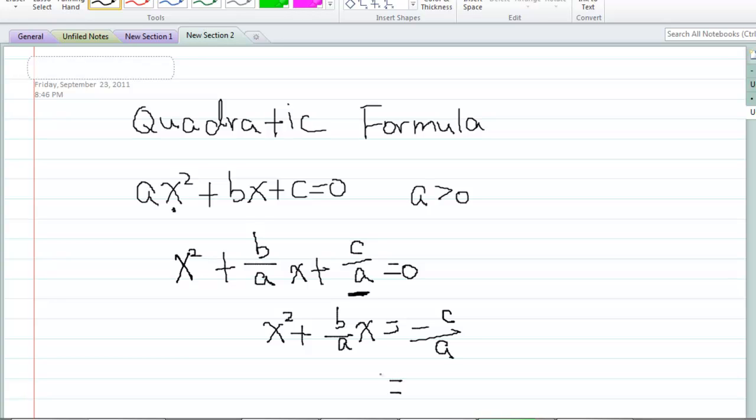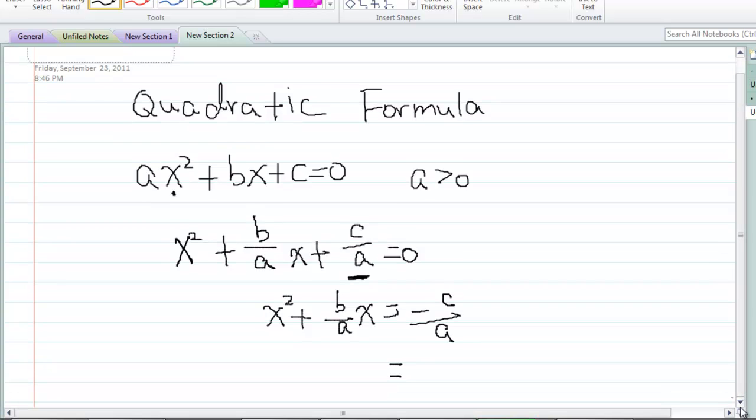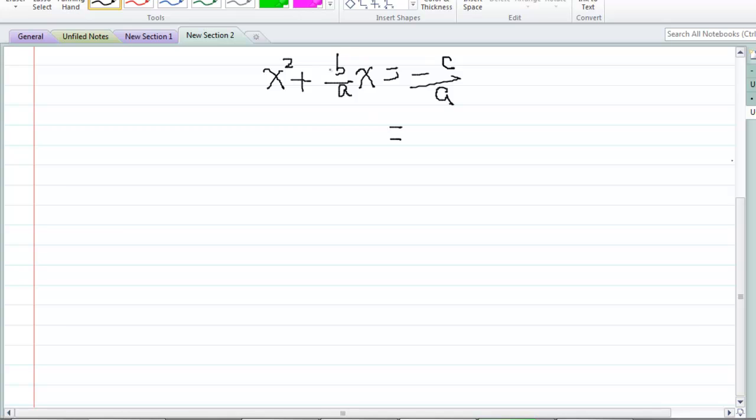Now let's complete the square. The term we're supposed to add is one half of the coefficient in front of x, and then square that. Because we don't have an actual number in this case, the expressions might be a bit long, but that's okay.